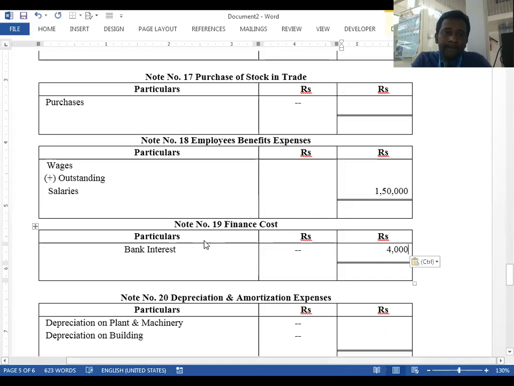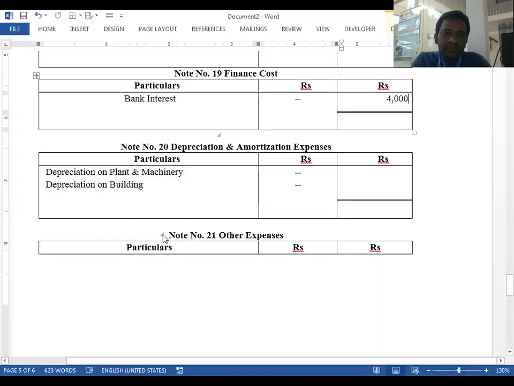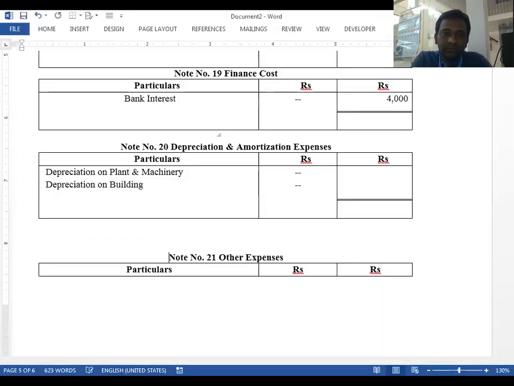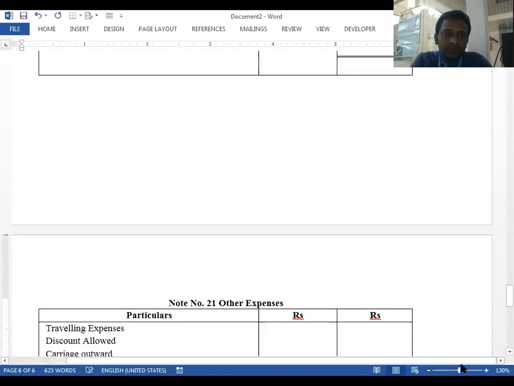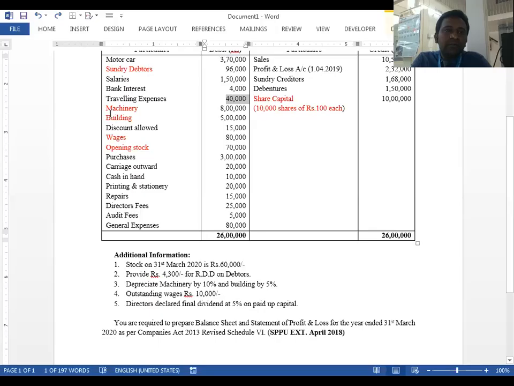Then next item is traveling expenses. Traveling expenses is one type of expenses which are debited to profit and loss account under the heading other expenses. So we have separate heading here, other expenses, traveling expenses.